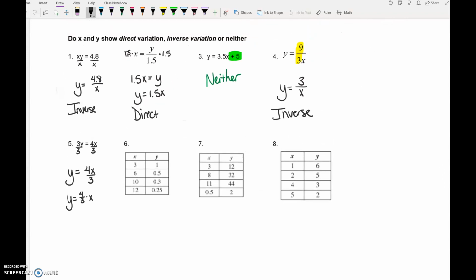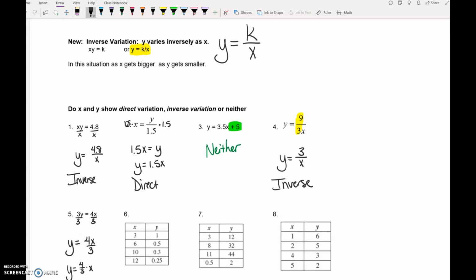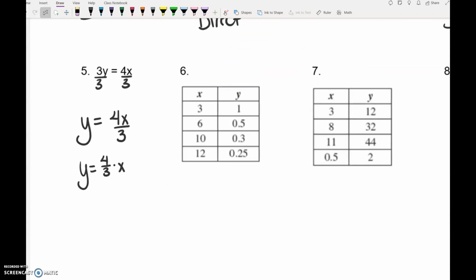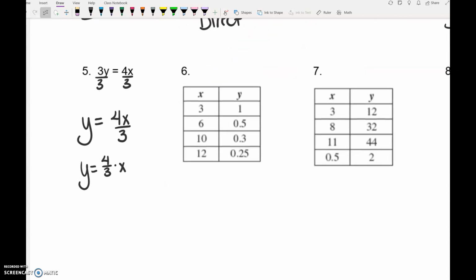What I want you to notice about inverse variation is that x is on the bottom. In this example, x is not on the bottom, x is on the top. It's 4/3 times x, or you could change that to a decimal, 1.33 times x. That would be direct.